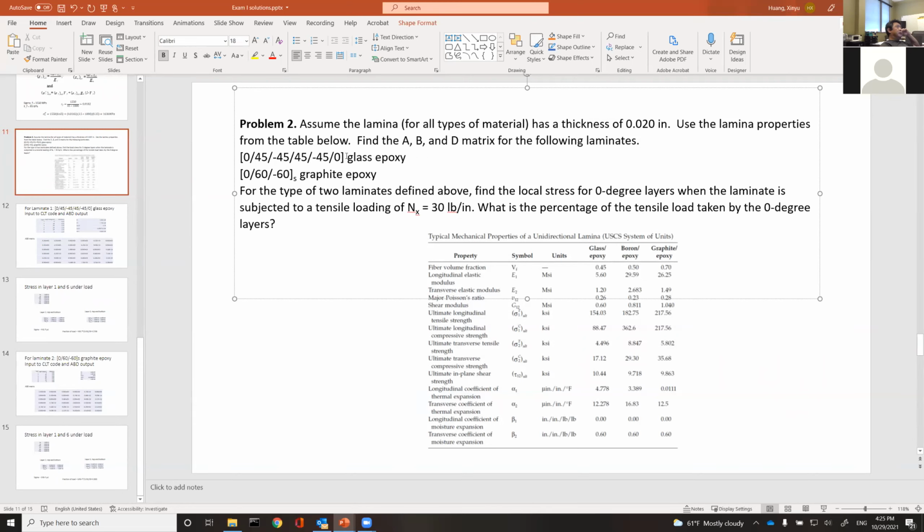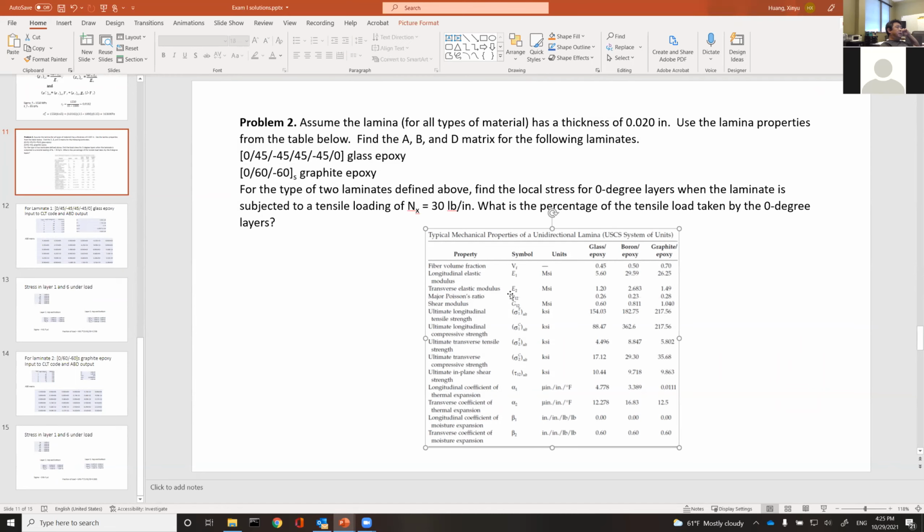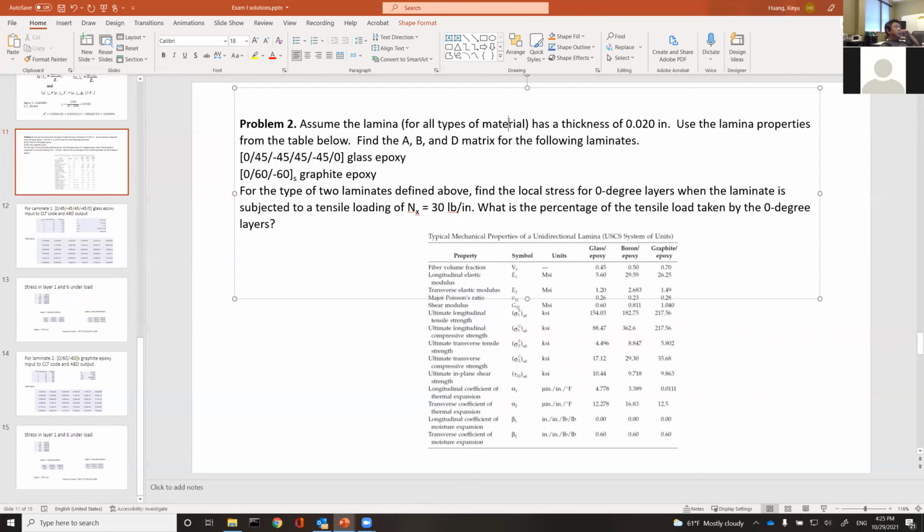One of them is a glass epoxy layup here, and the other one is a symmetric layup graphite epoxy. I give you the lamina properties here. So this column is glass epoxy, and this column is graphite epoxy. You gotta pick and choose the right input to your code. So these are all the inputs to your CLT code. You gotta modify your lamina properties using these properties, and also the layup needs to be entered in your code, and then you can just calculate.